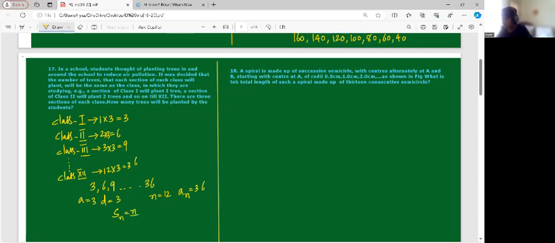We can use a plus l, right? Exactly, a plus l we have to use. Now just put it in the formula and get the answer. How many plants are there?